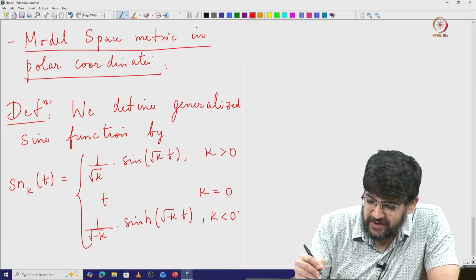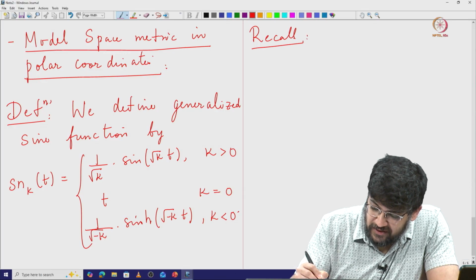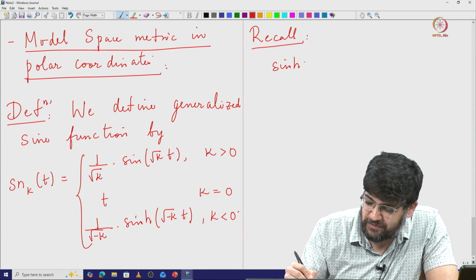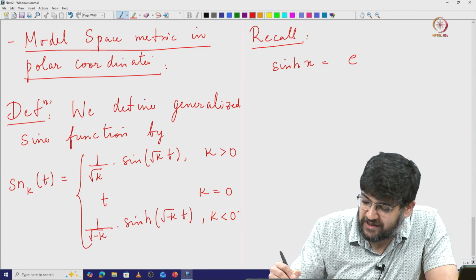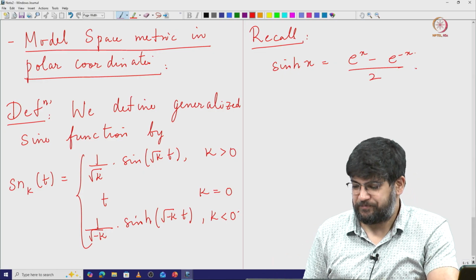Right, so let me just remind you, recall that the hyperbolic sine function applied to some x is basically just e to the x minus e to the minus x, divided by 2. Okay.